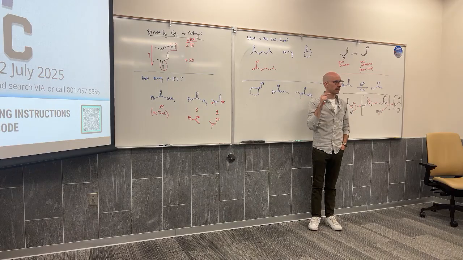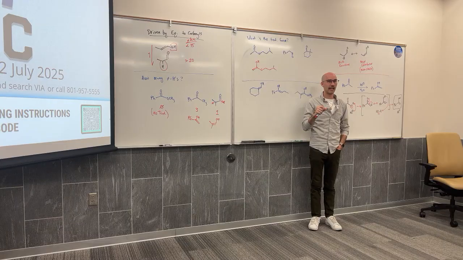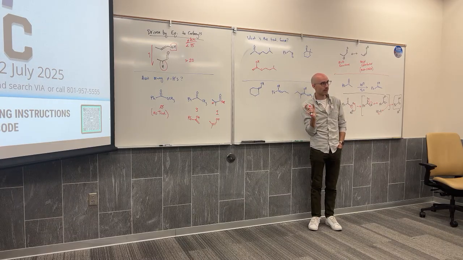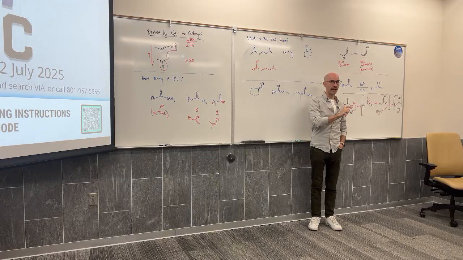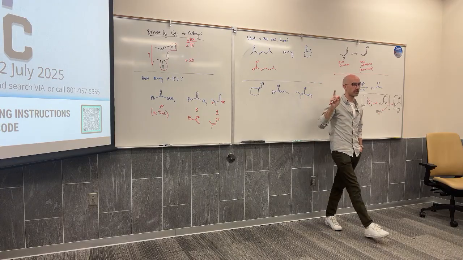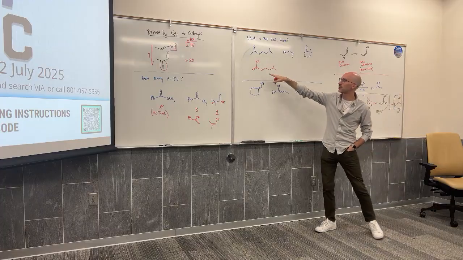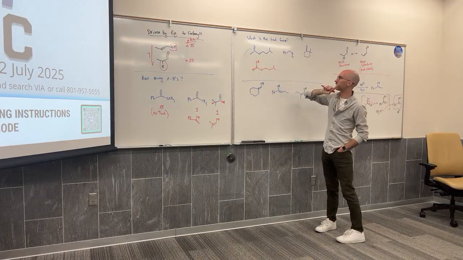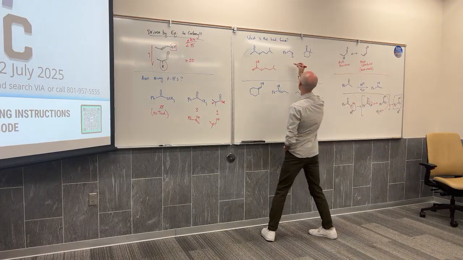Not useful. So you have to use basic conditions to tautomerize an ester. And if you use hydroxide as a base, you will also hydrolyze the ester. So the base for ester tautomerization has to match the ester linkage. We'll talk about that in a little bit.